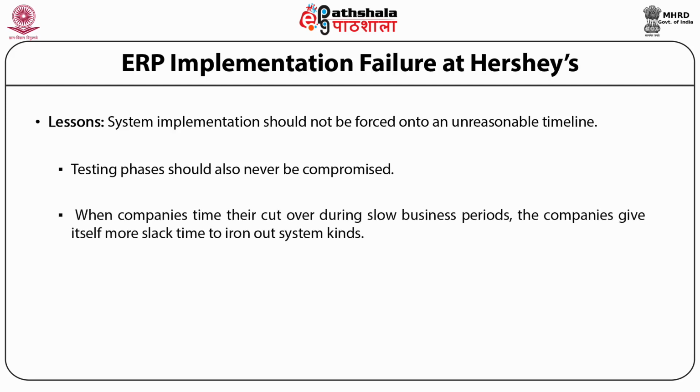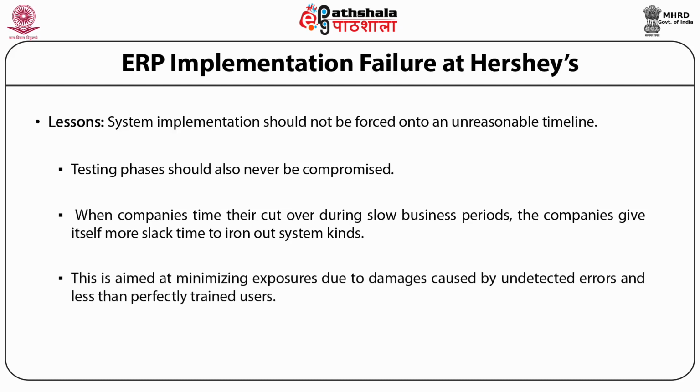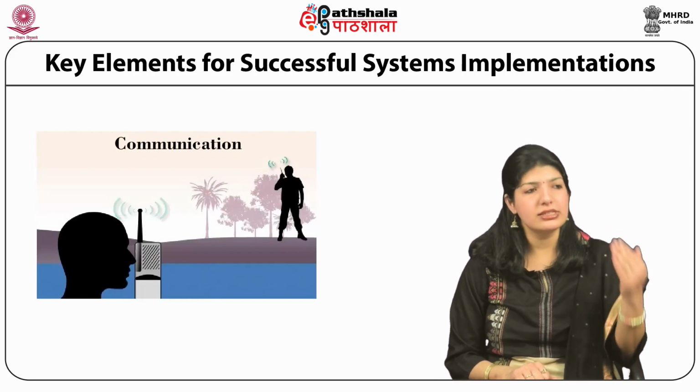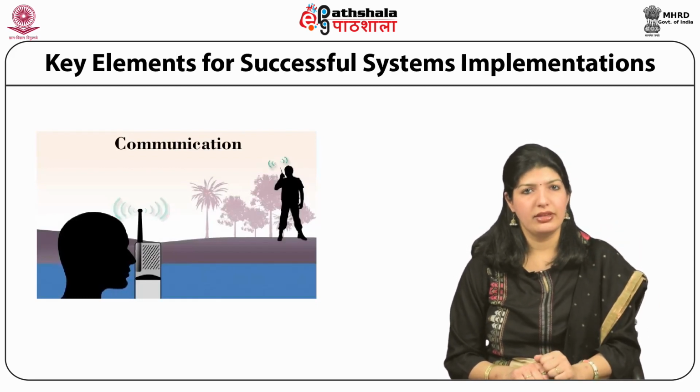And when companies time their cutover during slow business periods, they give themselves more slack time to iron out system kinks. This is aimed at minimizing exposure to damages caused by undetected errors and less than perfectly trained users. Children, we'll now look at the key elements of successfully implementing a system.